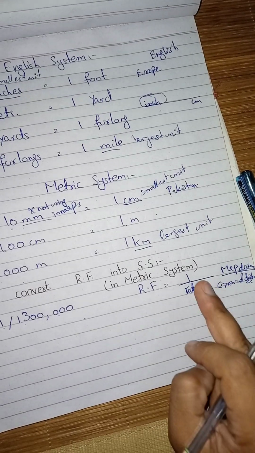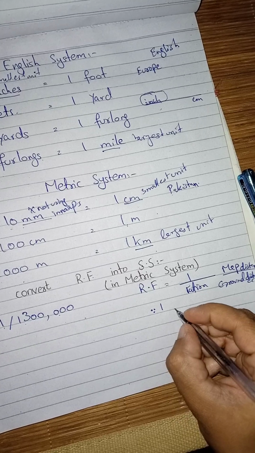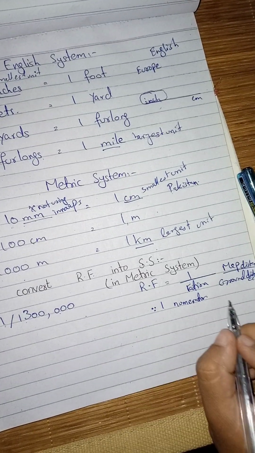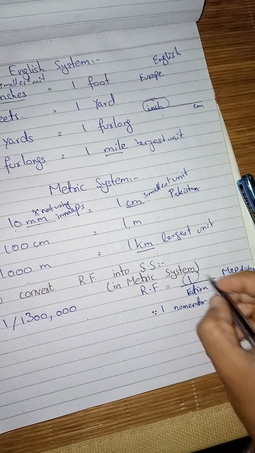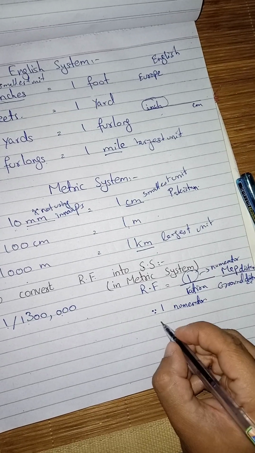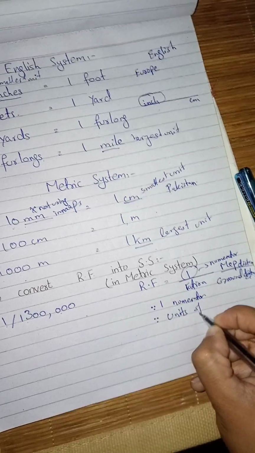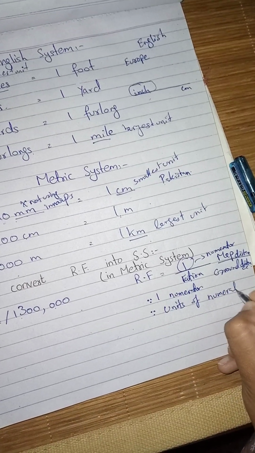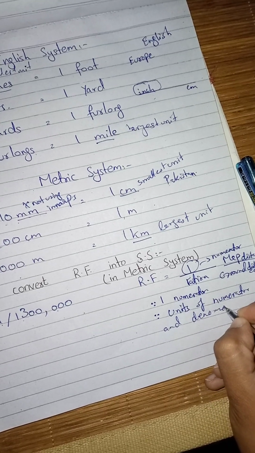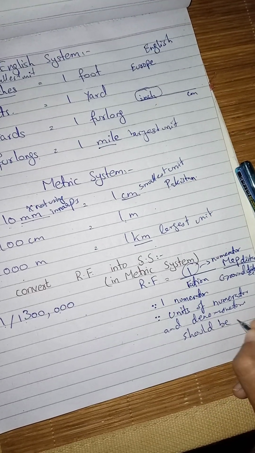The first rule in RF is that the numerator is always 1, and the units of the numerator and denominator should be the same.